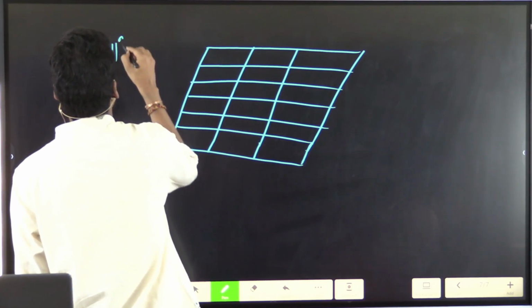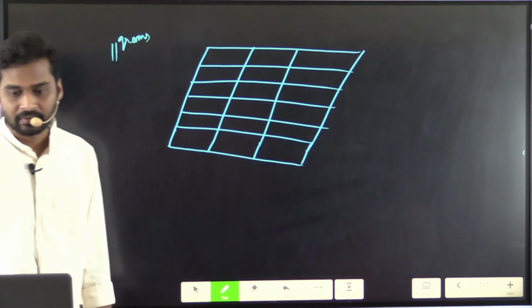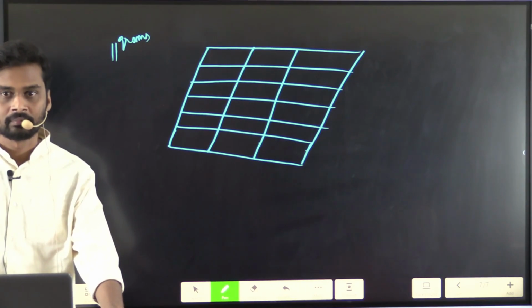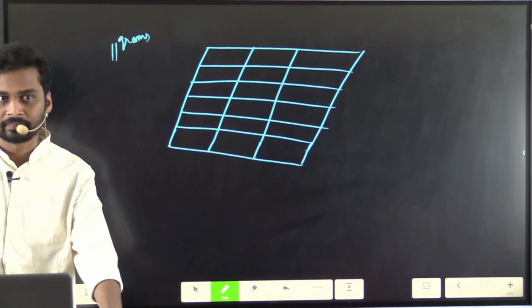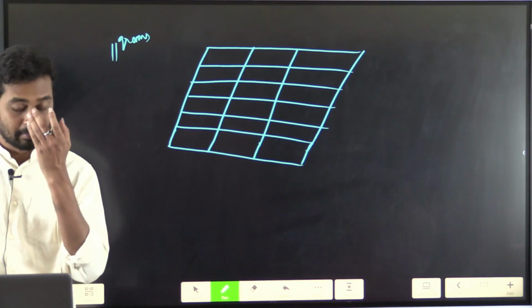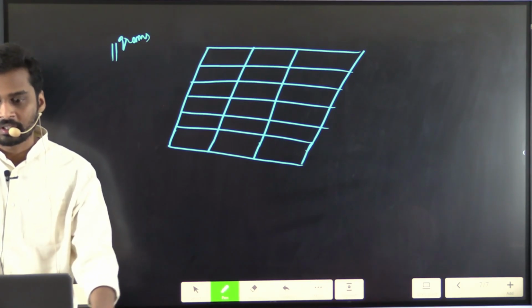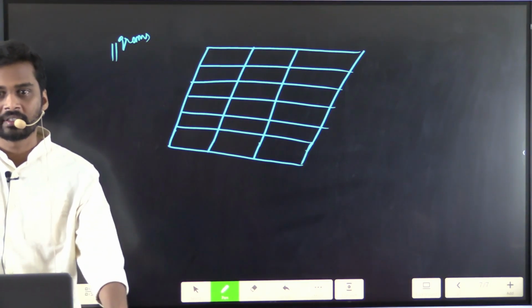So, how many parallelograms are there in this figure? To find out the number of rectangles or parallelograms, the concept is the same: the number of horizontal lines C2 into the number of vertical lines C2.